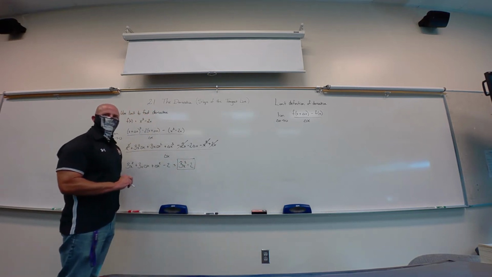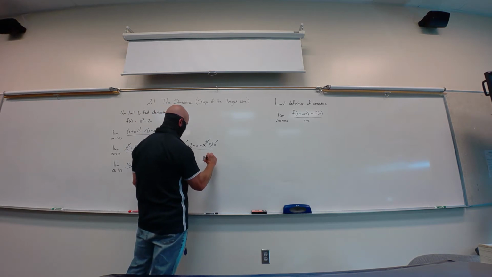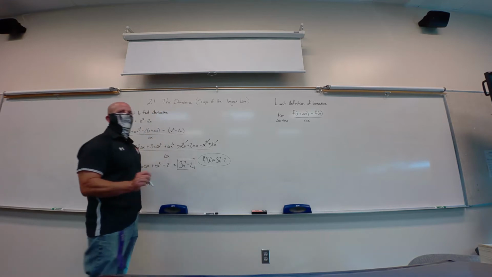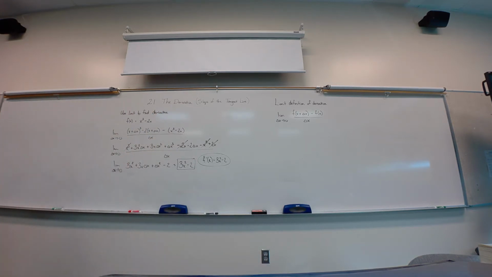There's my derivative. So this means that f prime of x is 3x squared minus 2. Okay? Again, just working with some notation. Yes, the derivative is just 3x squared minus 2. Just working a little bit, introducing that notation there. Okay there?